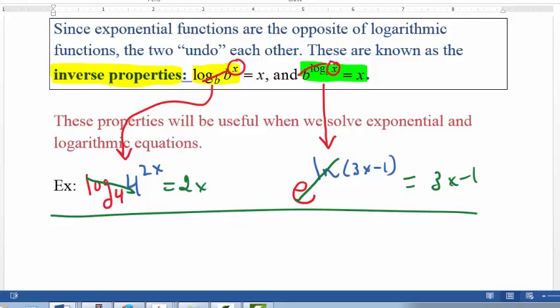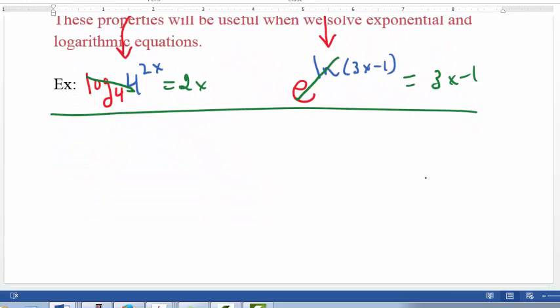Now, the other two properties that I wanted to give you, we saw one of these earlier when we did the table in the last video. The log base b of b always equals 1. Why does that work? Because any base, when you raise it to the first power, just gives you back that base.